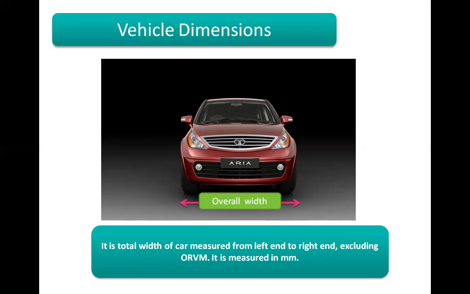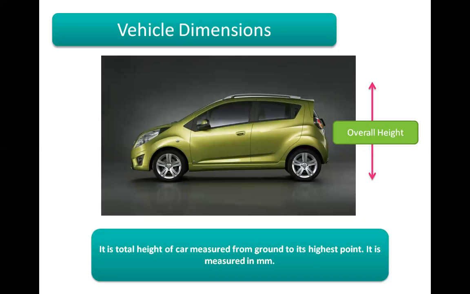Vehicle dimensions, that is overall width. So what is overall width? It is the total width of the car measured from left end to right end excluding ORVM. It is measured in millimeter. Then what is overall height? It is the total height of the car measured from ground to its highest point.